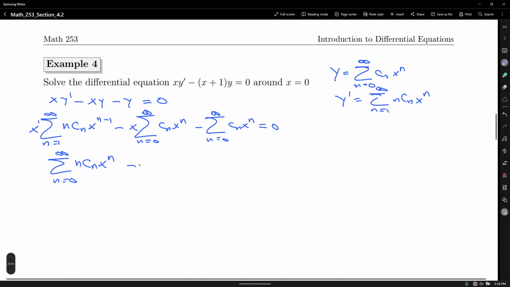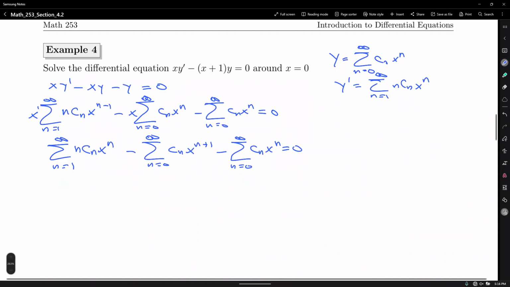Minus sigma, oh wait, no, this is still n equals 1, starting at 1, of c sub n x to the n plus 1. We have x to the 1 plus n. And the third series remains the same, minus sigma n equals 0 to infinity of c sub n x to the n, equals 0.